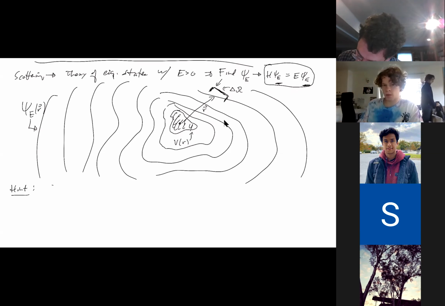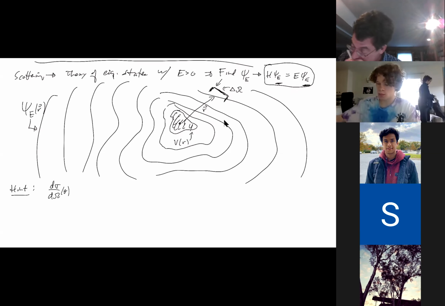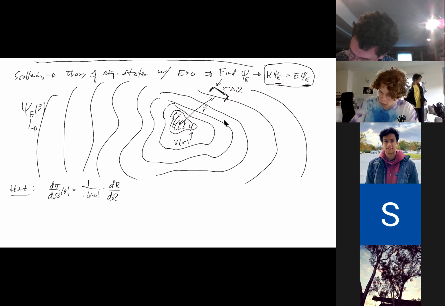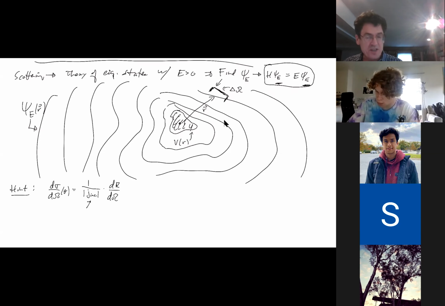Remember, scattering is all about differential cross-section, right? When we define differential cross-section, we defined it as 1 over J incident times dr d omega. And what are the units of J incident? Somebody tell me.